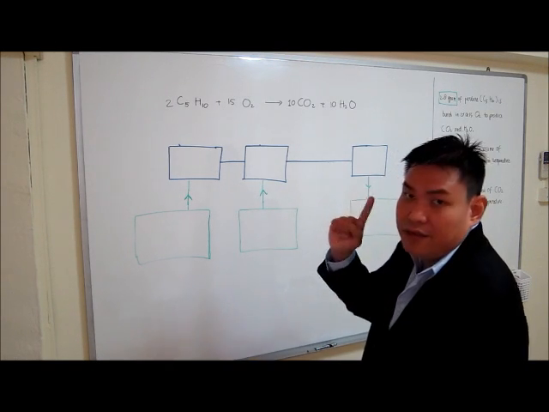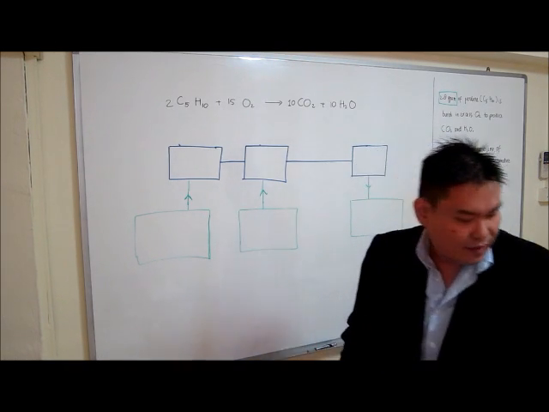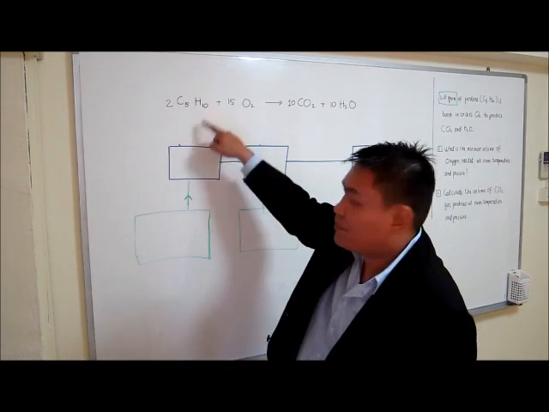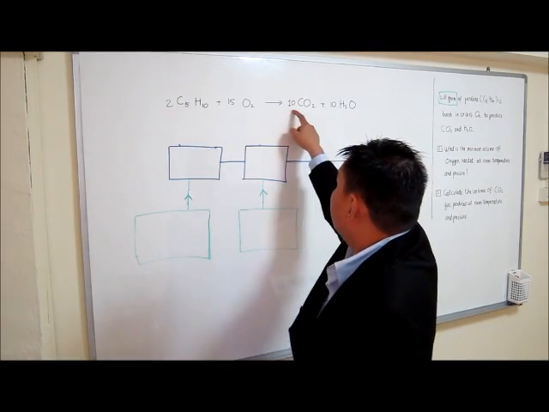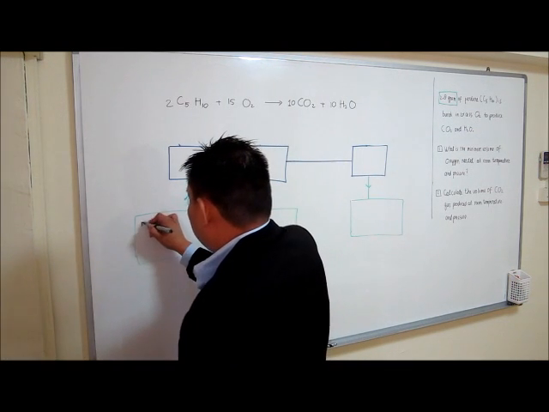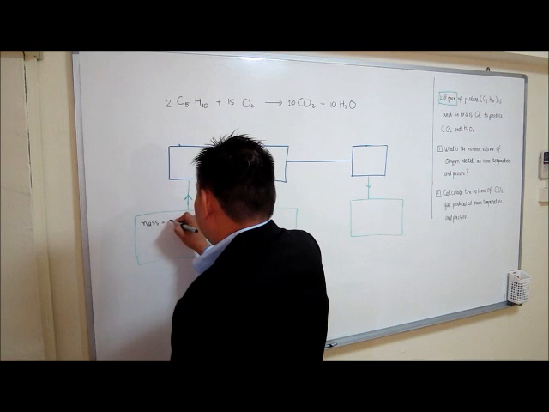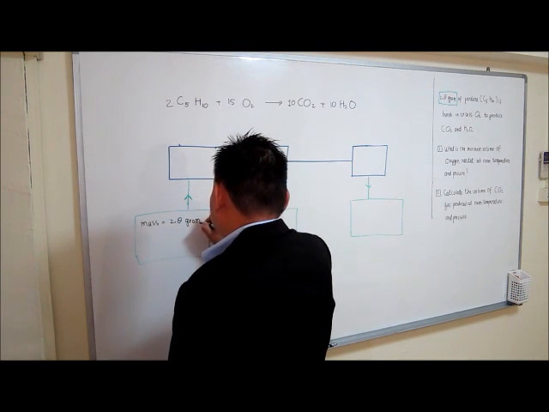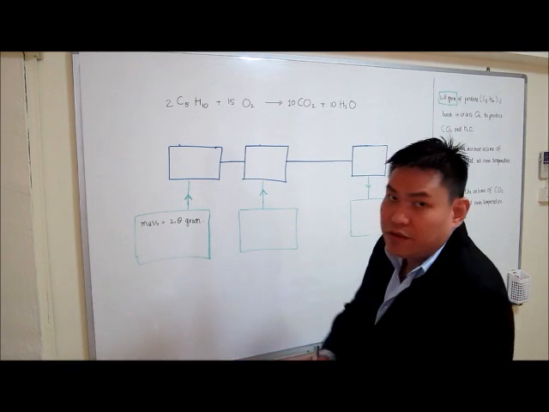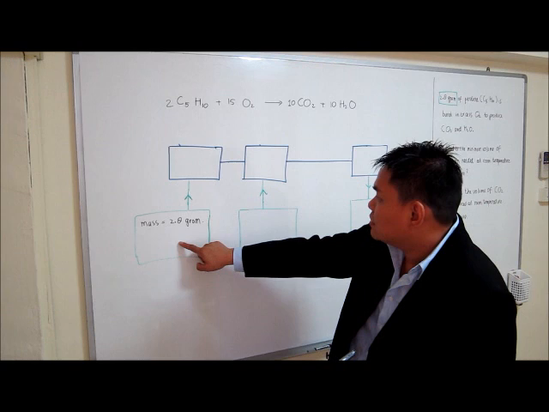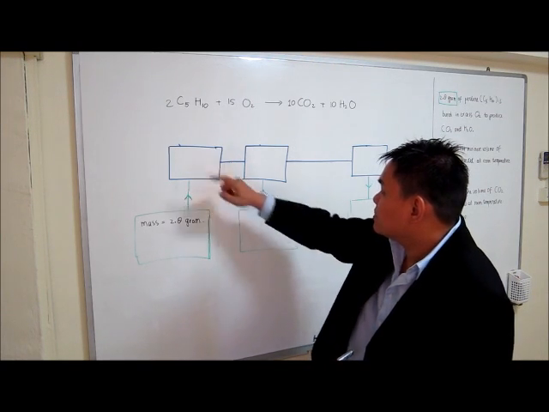So we have only one piece of information there, and we are going to put it under the pentene in the balanced equation. So that 2.8 gram is the mass of pentene. We are putting it in the green box because it's not in moles.